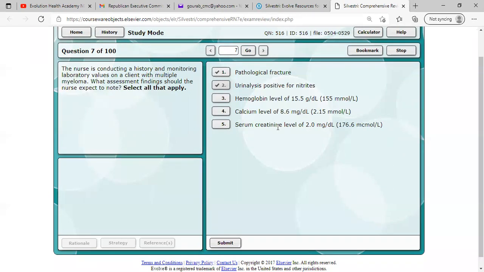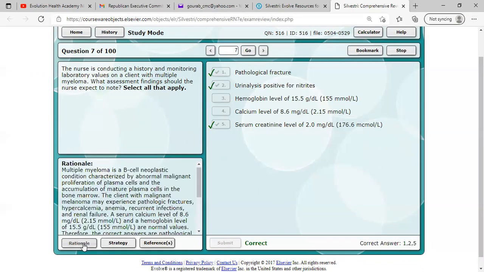Not only the kidney gets involved; spinal cord compression is also common, pathological fracture, as I told you, neuropathy is more common, also renal failure. If there is renal involvement, the serum creatinine level goes up. It is also expected by the nurse, right? So there's a chance. So what is the rationale?